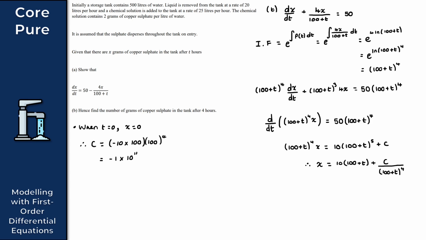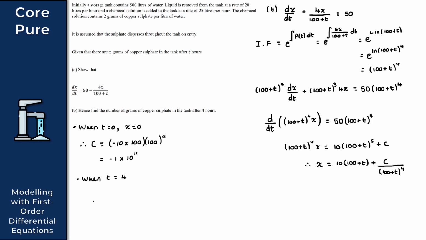So now that we have the value of c, we can go on to find the number of grams of copper sulfate in the tank after 4 hours. So when t equals 4, what do we get?